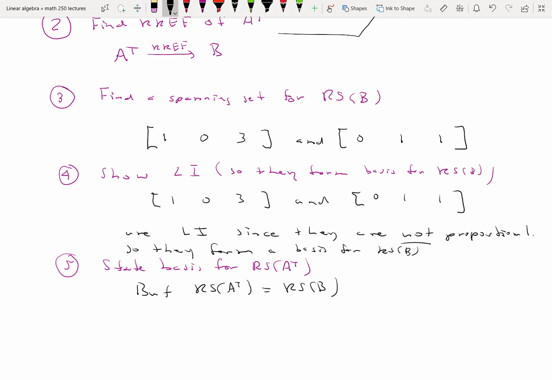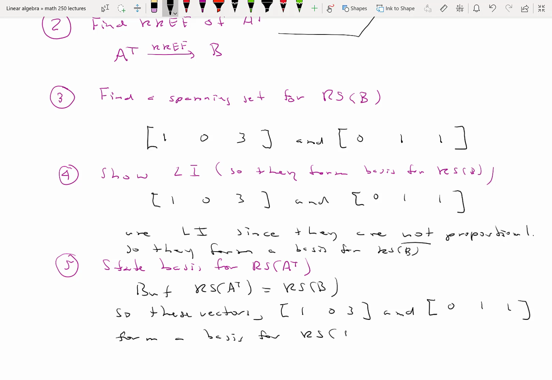So the row space of A transpose equals the row space of B. So these vectors, I might as well name them here, 1, 0, 3, and 0, 1, 1, form a basis for the row space of A transpose.